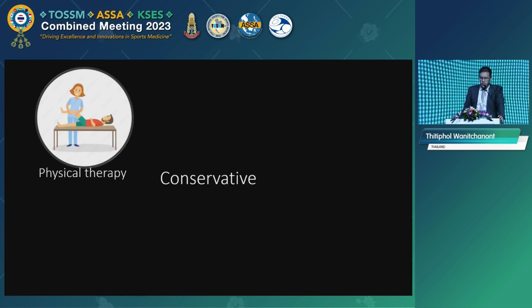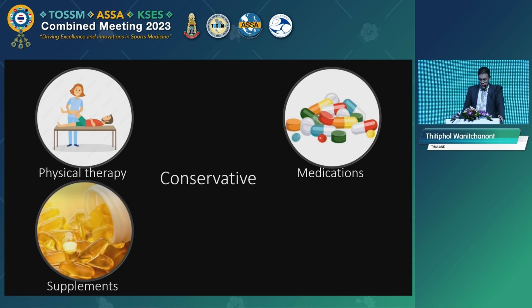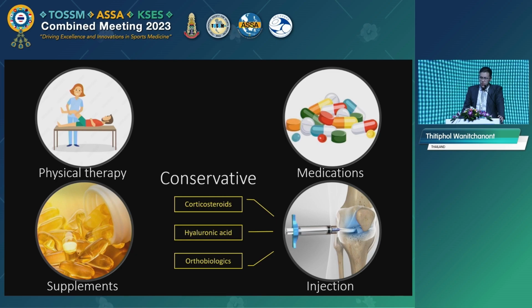For conservative treatment, we have physical therapy, medications, supplements, and injection, with many choices: corticosteroid, HA, or orthobiologics. I will not go into detail about this because our next speaker will discuss it.